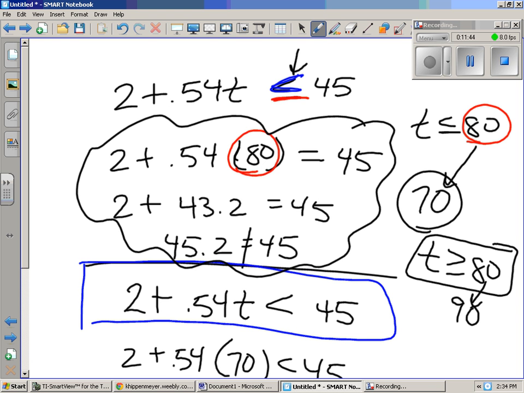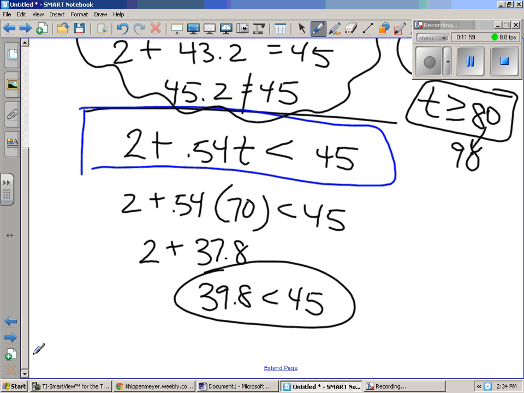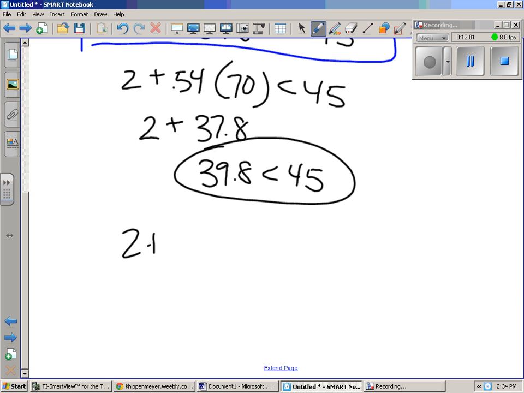Again, you want to have some distance between your solution of 80 and the extra solution you use to check the inequality area. So now instead of 70, I'm going to plug in 90.